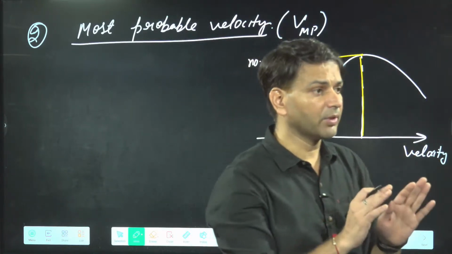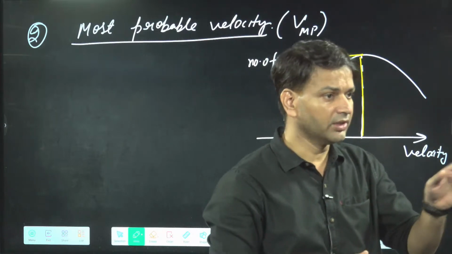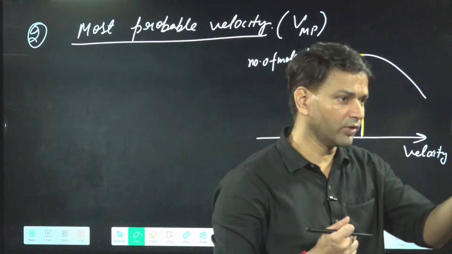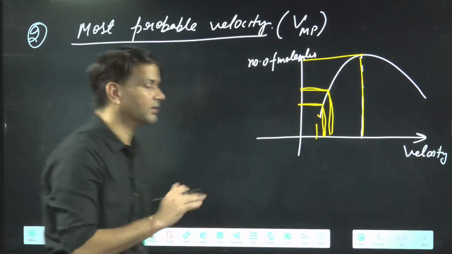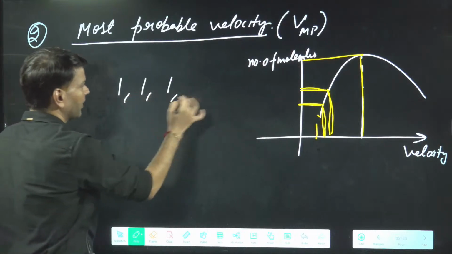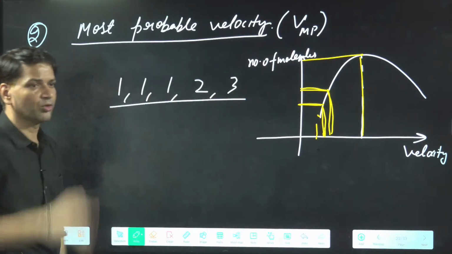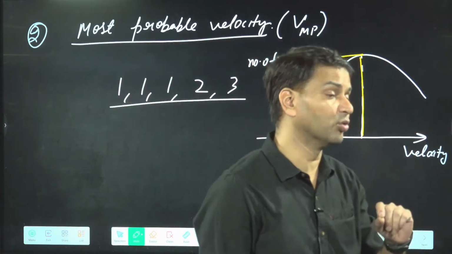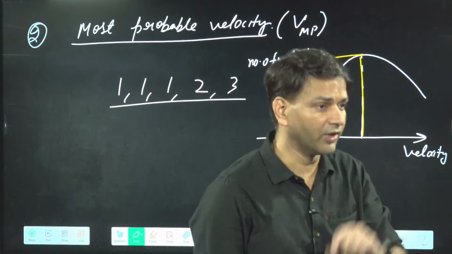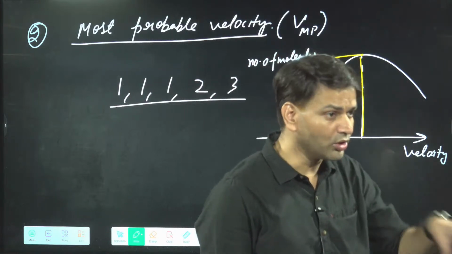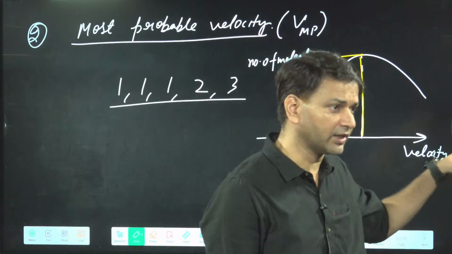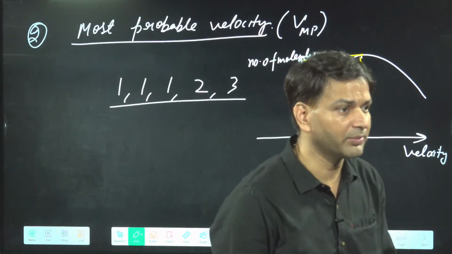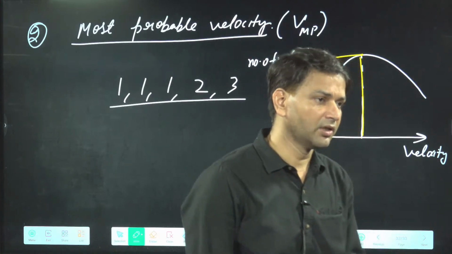Like suppose I say 1, 1, 1, 2, 3: if you randomly pick any molecule, you will most likely get 1. Understood the meaning of the most probable velocity?